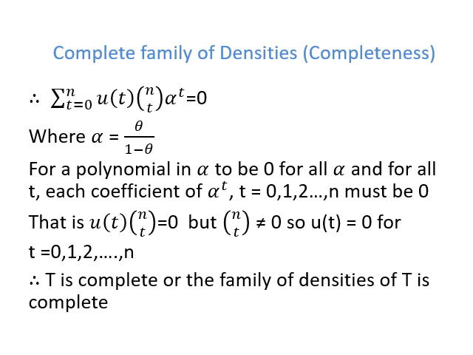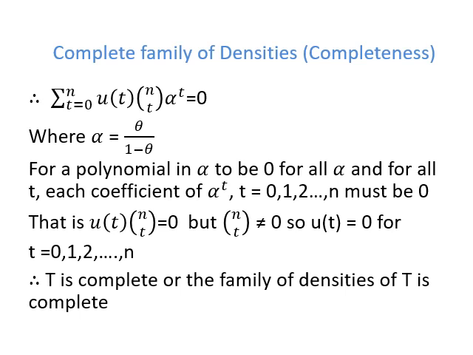Why? Because we have terms of alpha to the power t. It is as if we have u(0) n choose 0 alpha^0, which is 1, plus u(1) n choose 1 alpha^1, plus u(2) n choose 2 alpha^2. It's like a polynomial in alpha.